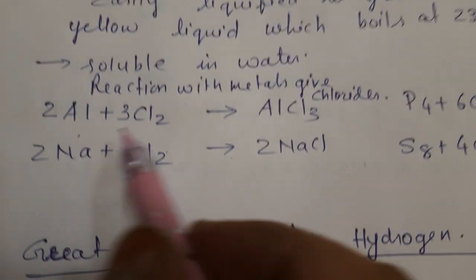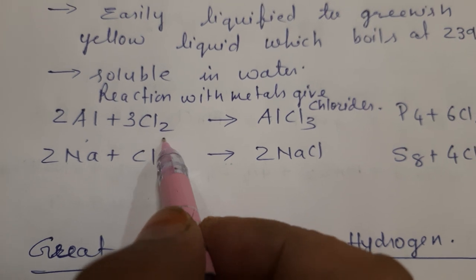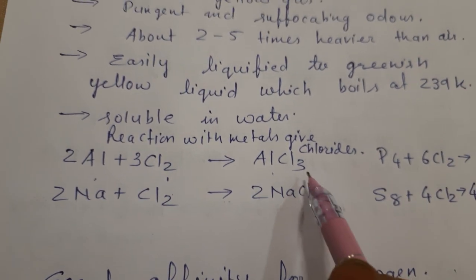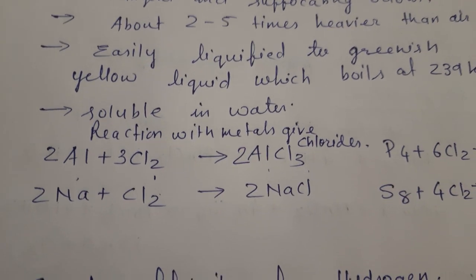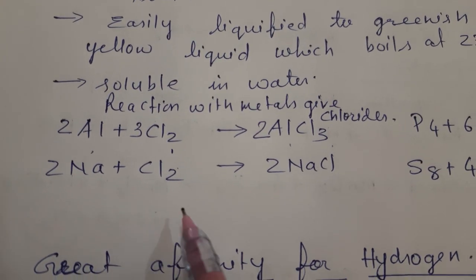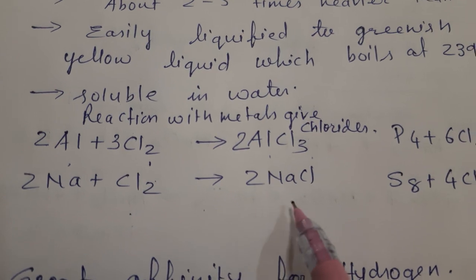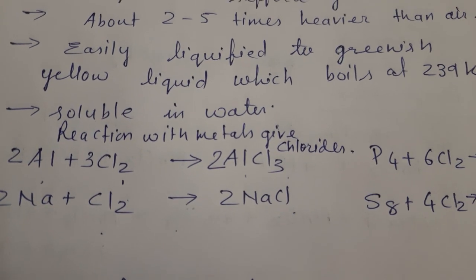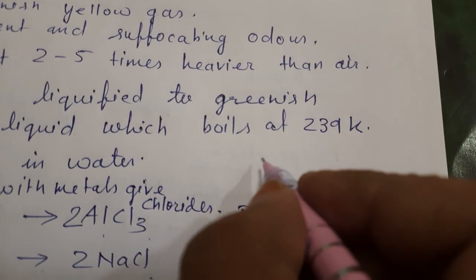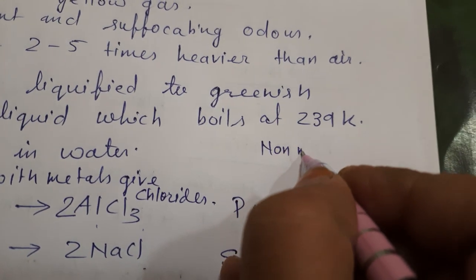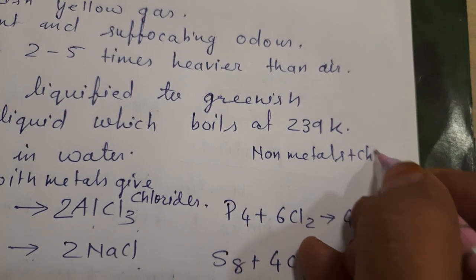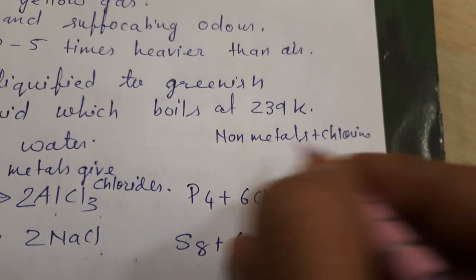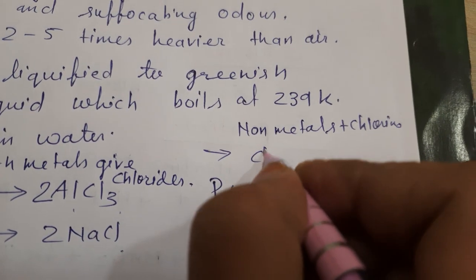So Al plus Cl2, aluminium plus chlorine will give us aluminium chloride, aluminium trichloride. So here I balance it: 2AlCl3. Similarly sodium plus chlorine, we know it is common salt, sodium chloride. When it reacts with non-metals, plus chlorine will give us chloride again.